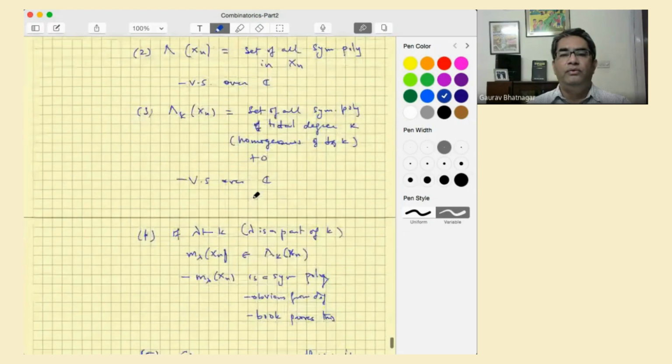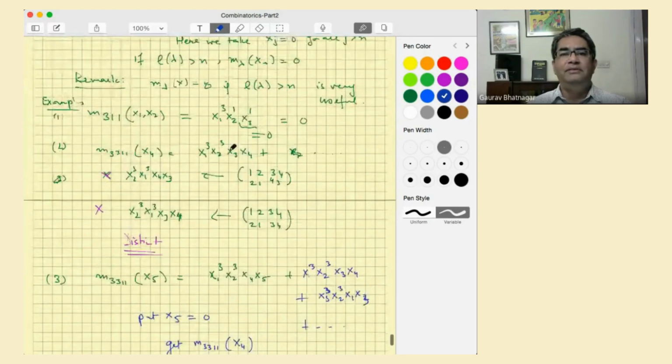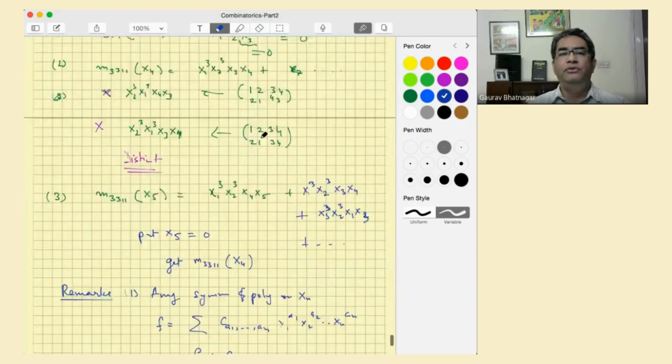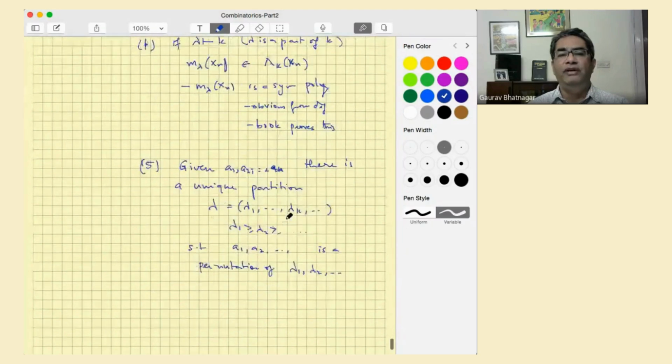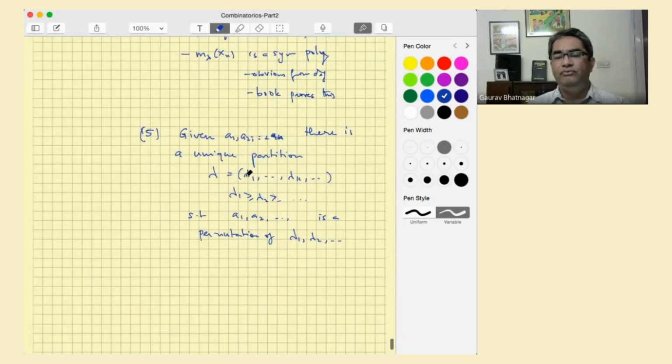From our examples, we saw that you just need to permute, take one of them, from x1 to the lambda 1, x2 to the lambda n, and then we apply this.